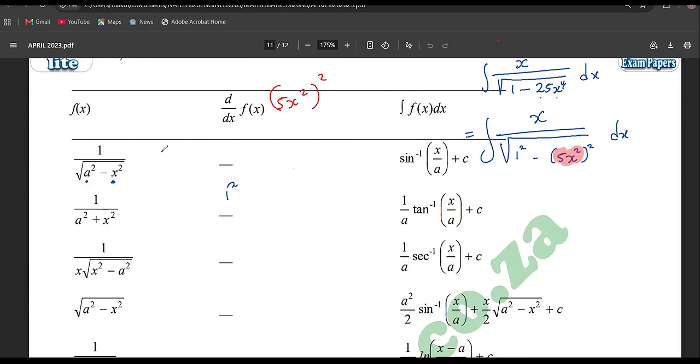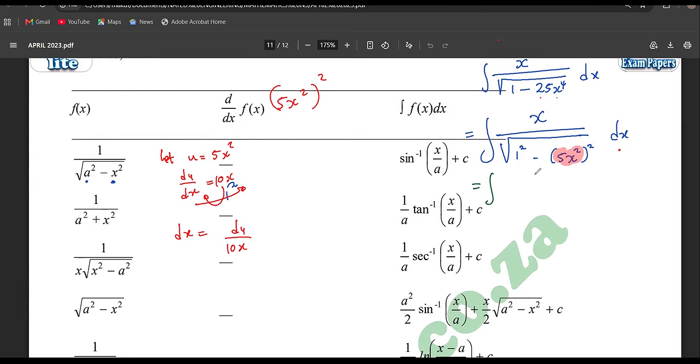So we can let u be equal to 5x squared, so that its derivative with respect to x gives us 10x. Make dx the subject, as we're going to need to replace it here. Cross multiply, then divide by 10x, so dx is du over 10x.